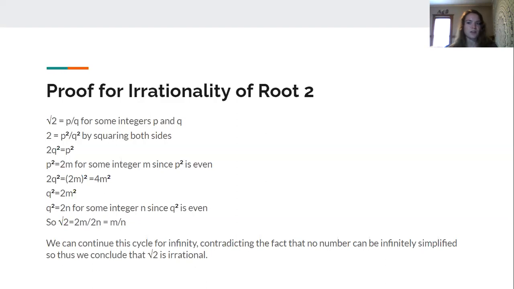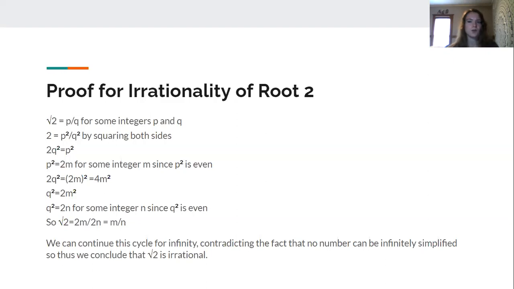They could be any integer, but we know that it's continuously being simplified. So knowing that it's not possible to continuously simplify a number over and over again, we come to a contradiction. So from there, we can conclude that the square root of 2 is irrational, because if it was rational, we come to an illogical conclusion.